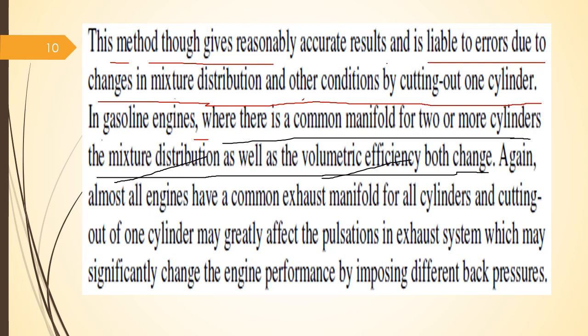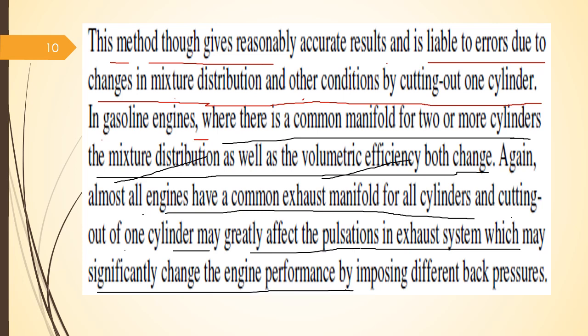Again, almost all engines have a common exhaust manifold for all the cylinders, and if you cut one cylinder out of 4 or 3, it may greatly affect the pulsation in the exhaust system, which may significantly change the engine performance by imposing different back pressure.